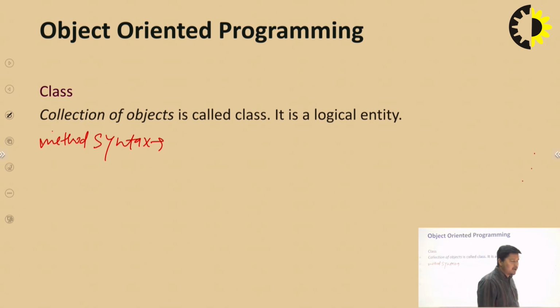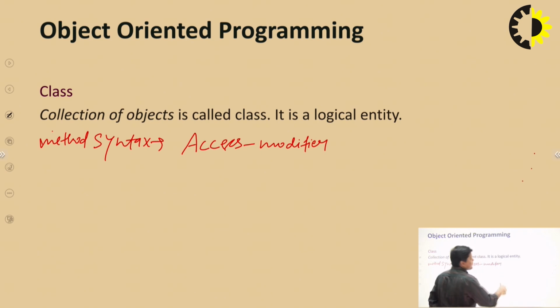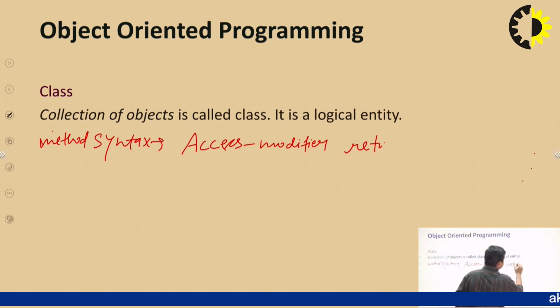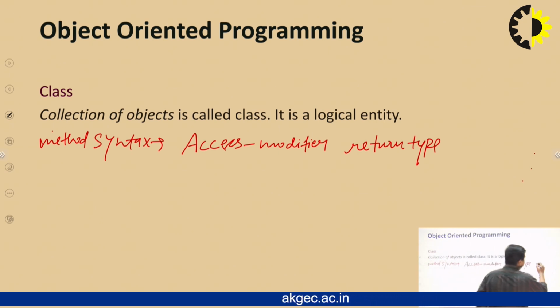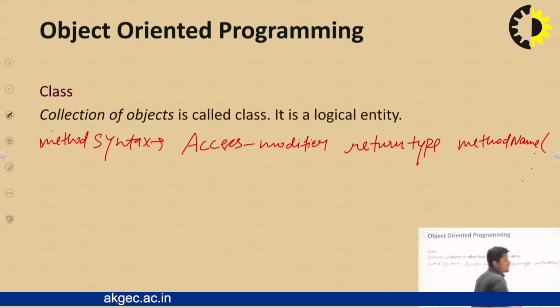A method is a set of code which performs a particular task, and the syntax is access modifier, after that return type, and then the method name, and then the list of parameters.